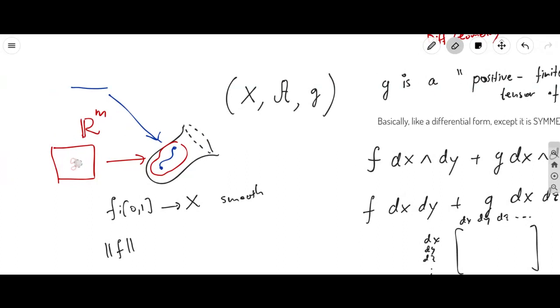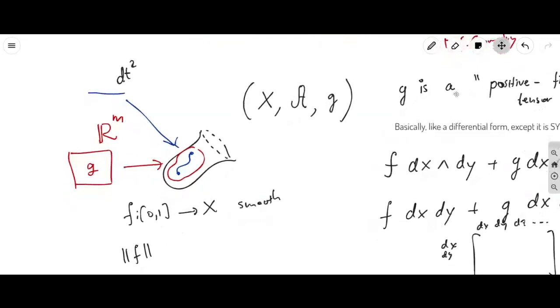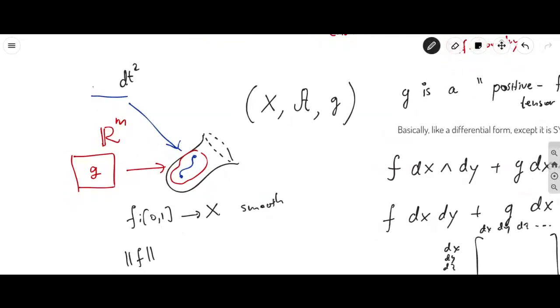And then the way you would calculate this is you would bring it back in here. And when you bring it back, you're going to essentially end up with dt, and you'll have a function. Well, actually, to be fair, you will have dt squared, because you're using 2 of them, and you have some coefficient function in front.